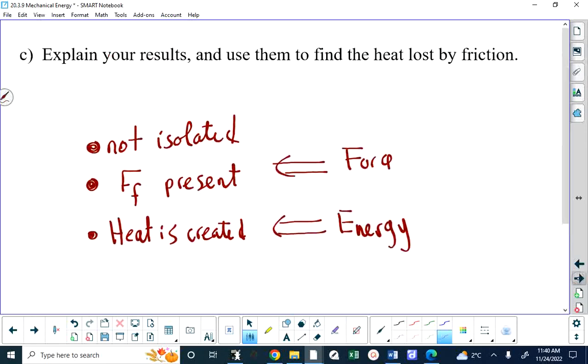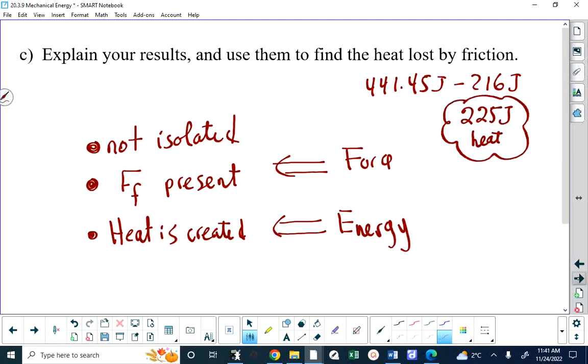So 441.45 joules minus the 216 joules. 225.45? Okay. So about 225 joules of heat. There's a way to find the force of friction, but I don't think it's important for today.